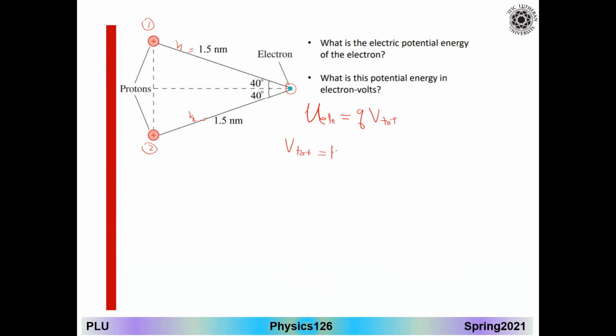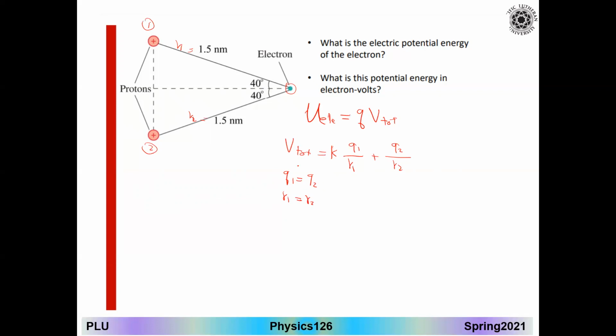So basically the formula is Q1 divided by R1 plus Q2 divided by R2. Now, Q1 equals Q2. In this example in particular, R1 equals R2.